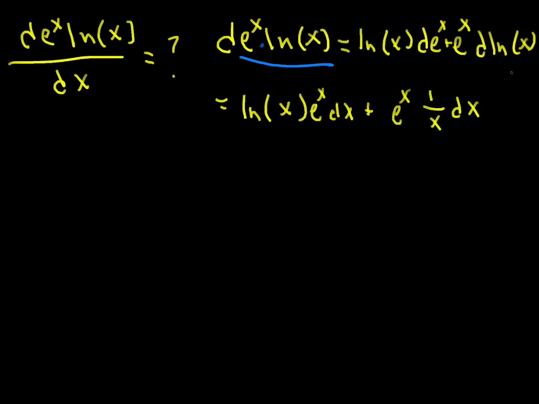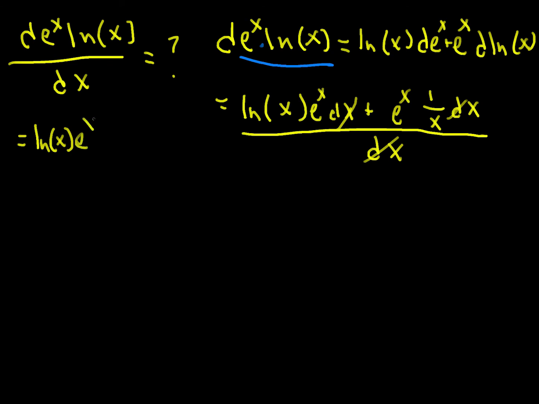Dividing everything by dx, notice there's dx's everywhere. Cancel, cancel, cancel. I get that the derivative of e to the x ln of x with respect to x is simply equal to natural log of x times e to the x plus e to the x over x. That is what the derivative of e to the x times ln of x is equal to.